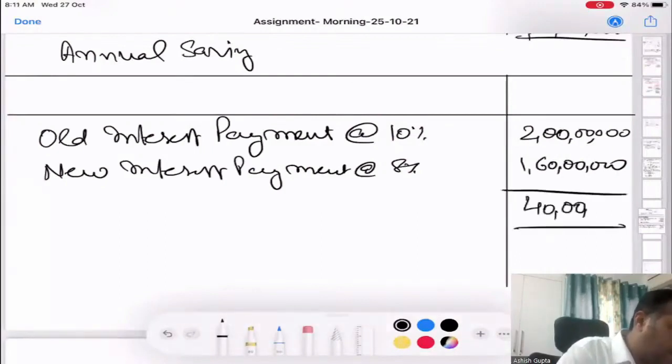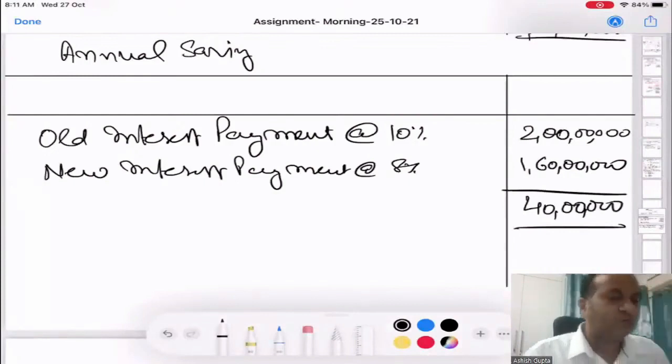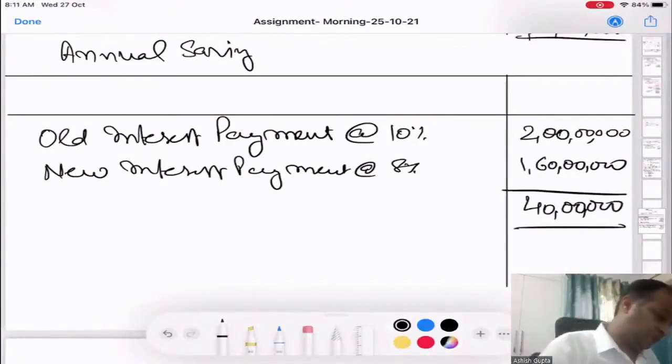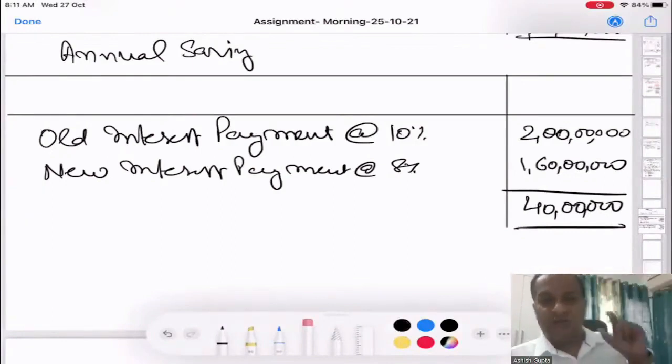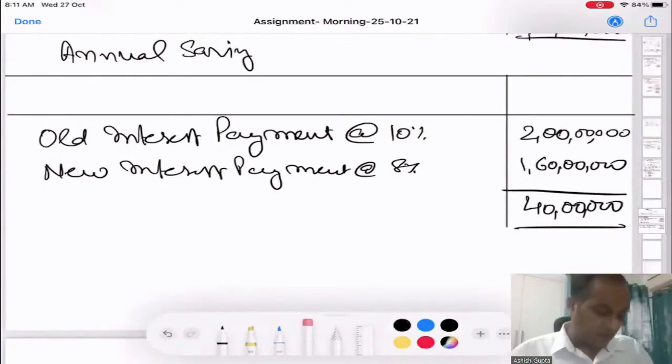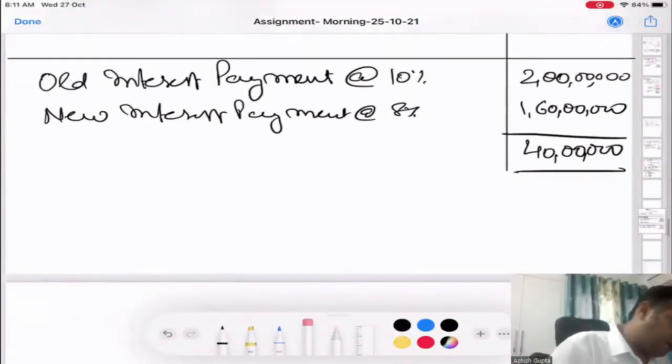So ultimately 40 lakh saving will be for 1 year. So we have computed our 2 working notes: one is initial outlay, another is annual saving. Let us proceed further.